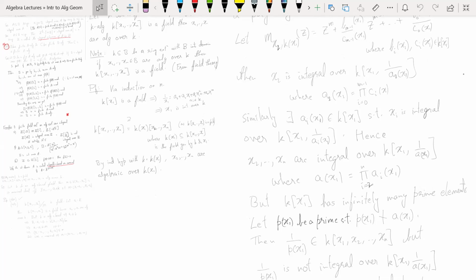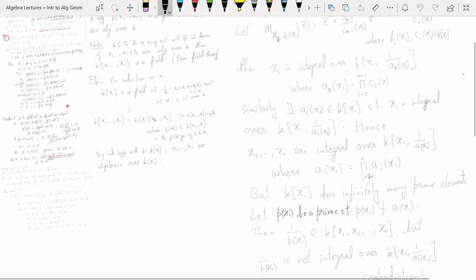Now take p(x1), a prime which does not divide a(x1). Since a is a polynomial of some finite degree, you can always find a prime that does not divide a(x1). Then what we get is that 1/p(x1) is not contained in the ring k[x1][x2, ..., xn], and I should throw in 1/a(x1) as well.